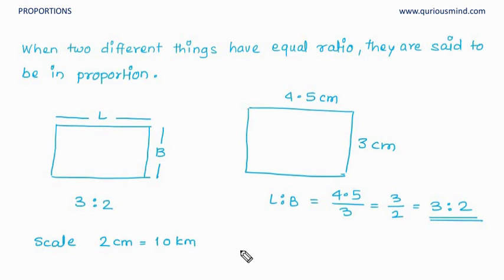And if I know that the distance between two locations on the map is, let's say, 4 centimeter, then I know that the actual distance between these two locations is going to be 20 kilometers. So this way, proportions help us to find lots of unknown quantities.